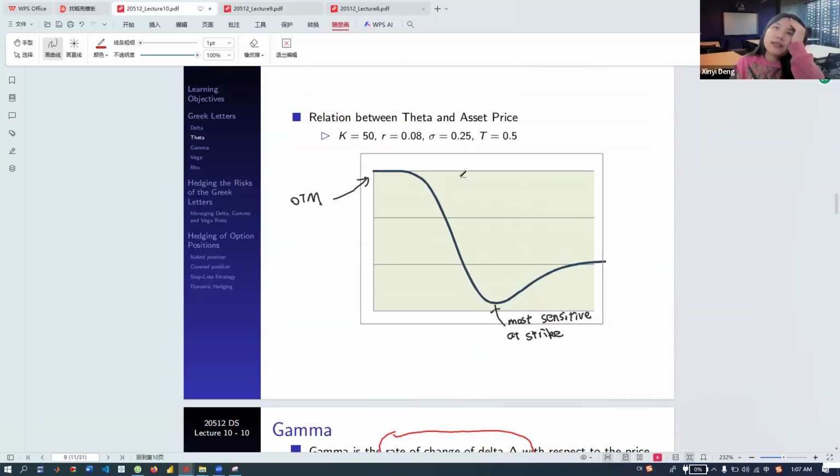The y-axis is just theta, and the x-axis is just S. So it's showing how theta changes when the underlying price changes.